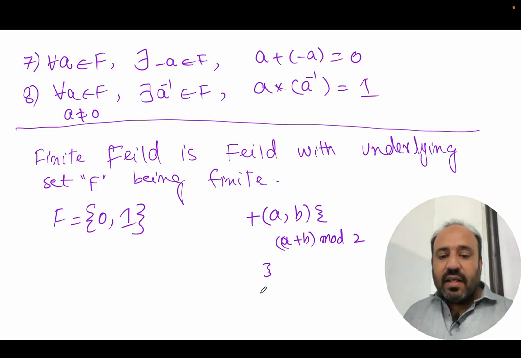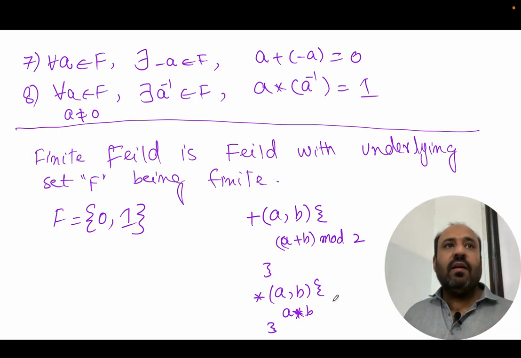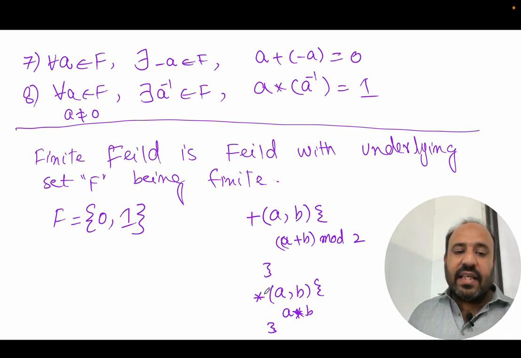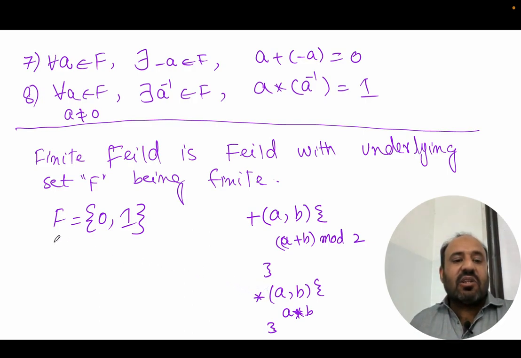That's my plus operator, and my star operator is simply A star B, like the ordinary one. Now with this plus and this star, we can see all the properties that exist. This set is closed under addition.